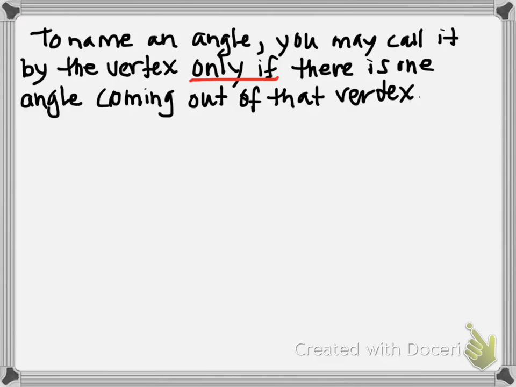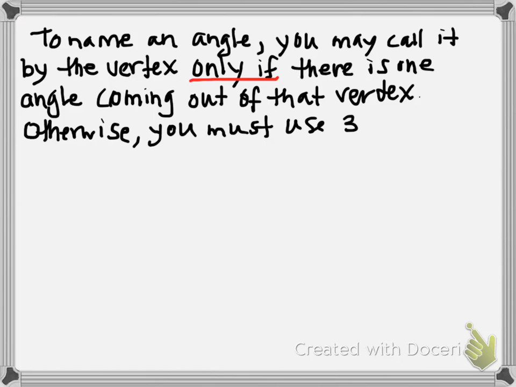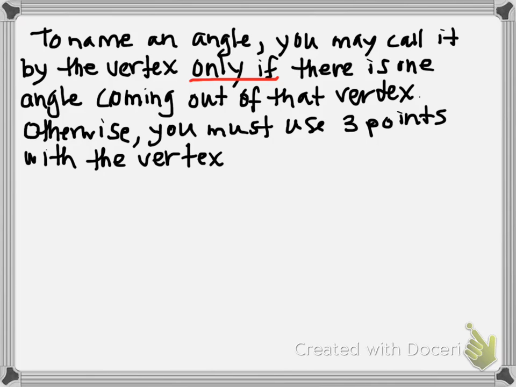The angle that we just drew had only one angle coming out of vertex B, so we could call that angle B if we wanted to. But if you want to play it safe, otherwise, you must use 3 points with the vertex being the middle letter.